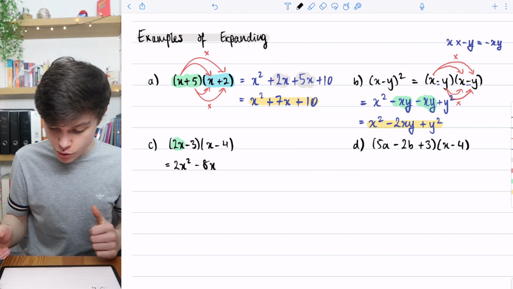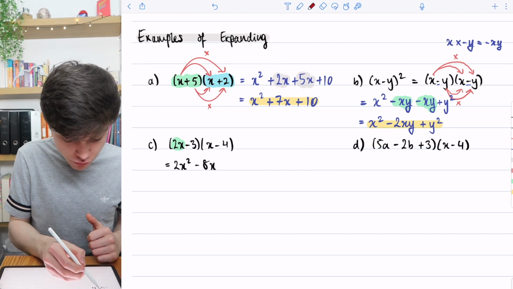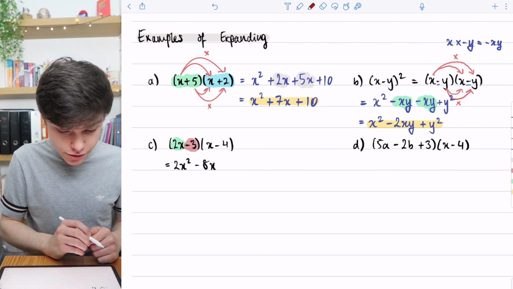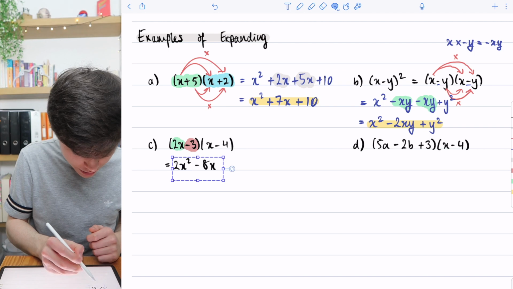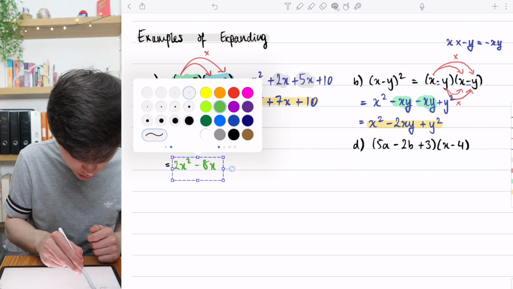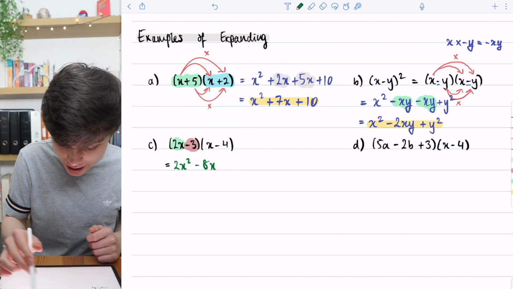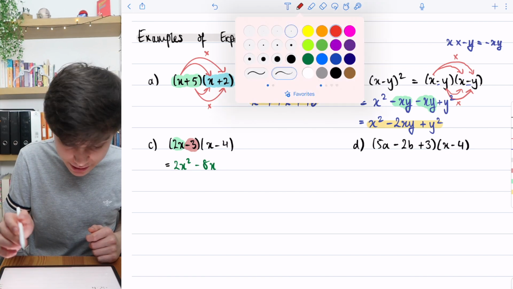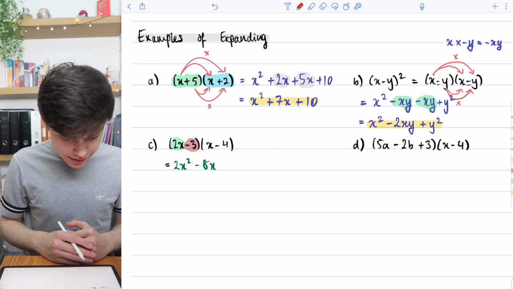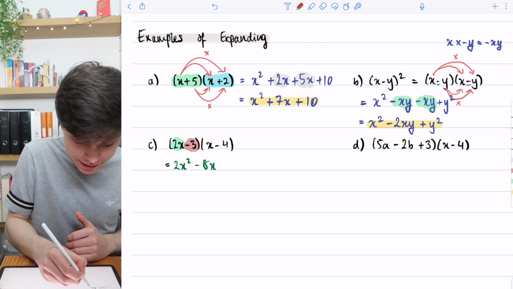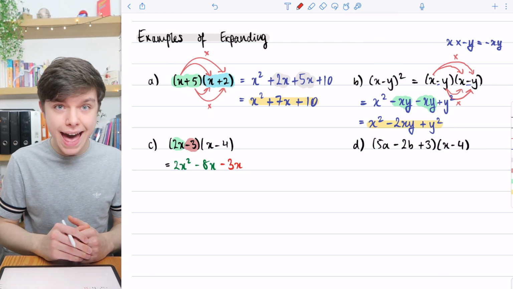I've done the 2x now, so now in red I'll do the minus 3. So in fact what I could do is I could make that a green colour. If we make that green, I'll then do my answer here in red so that it corresponds with the colours I've highlighted. Okay, so we need to do the minus 3 times the x, so that will be minus 3x.